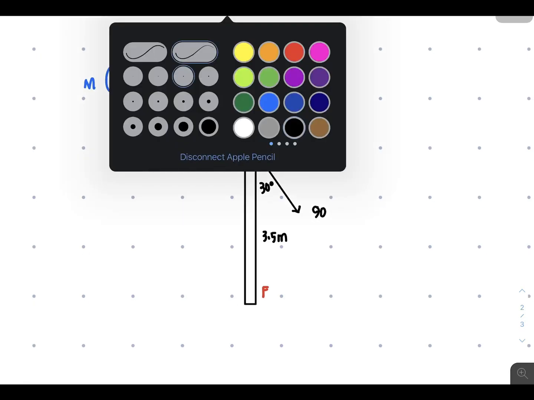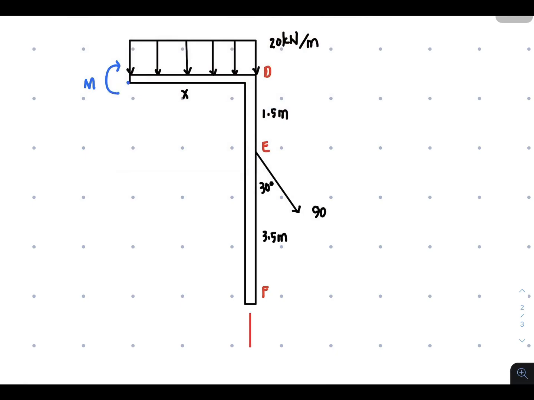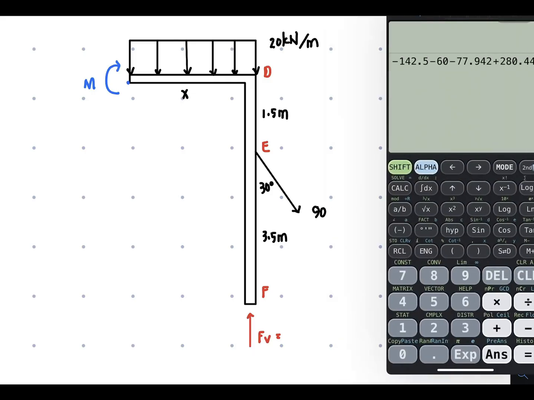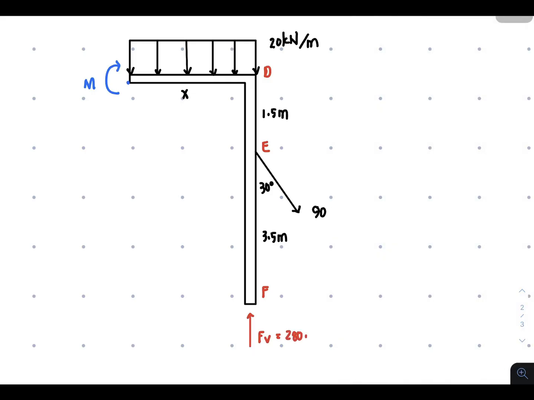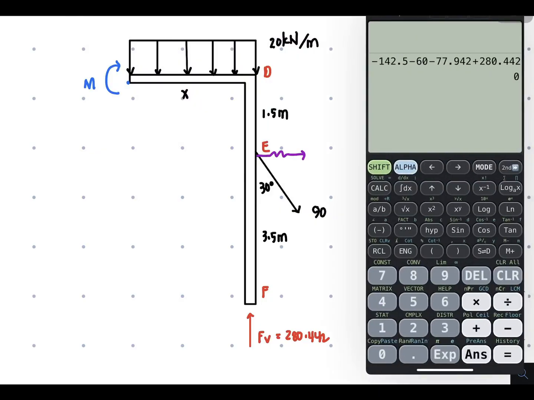Also, you have the reaction here, F vertical, which is 280.442. And then you have here the 90 sine of 30, the 90 sine of 30 is 45.